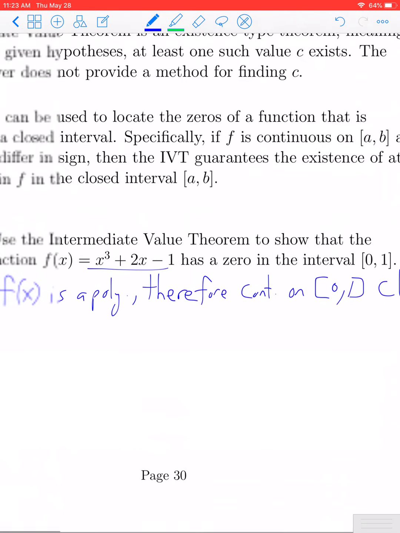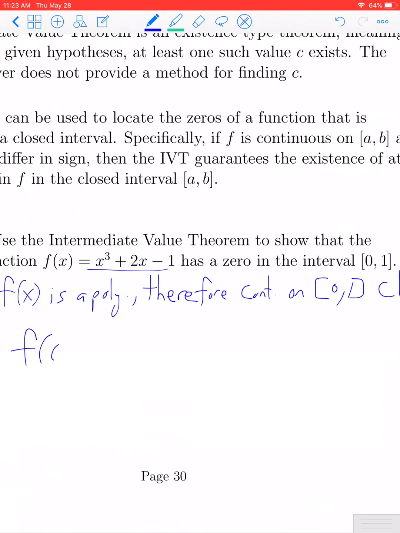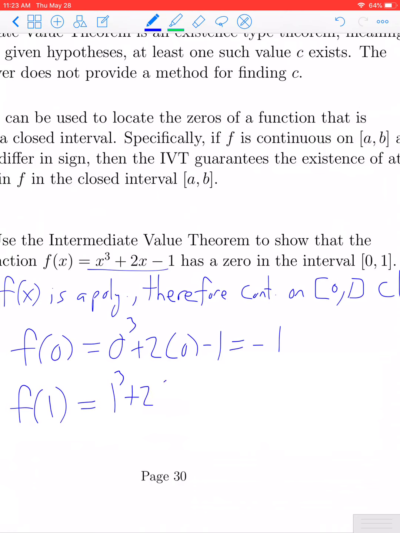The next thing we're going to do is look at the value of f at the endpoints. If we plug 0 into this function, we get 0 cubed plus 2 times 0 minus 1, which is negative 1. If we plug in the right endpoint, which is 1, we get 1 cubed plus 2 times 1 minus 1. This is going to be equal to positive 2.